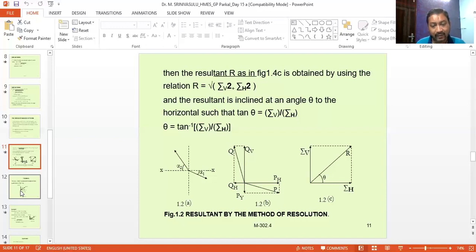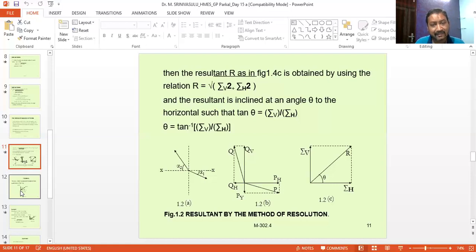And now R. In this triangle, when sigma h and sigma v are acting at right angles with each other, then the diagonal can be found by using the equation R square is equal to sigma h whole square plus sigma v whole square, or R is equal to under root of sigma h whole square plus sigma v whole square.